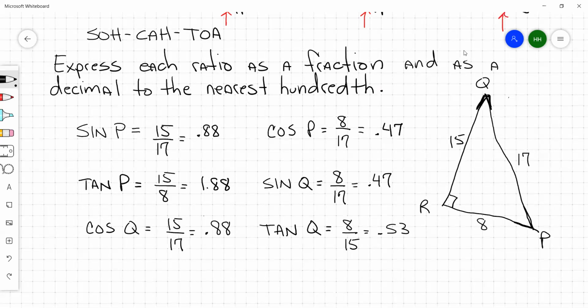If you're confused on where these numbers came from, right now would be the time to ask. Yes? Okay. The question was, how do you know which side to find? If we're looking at angle P right here, in relation to angle P, do you see how it has one side next to it and another side next to it?